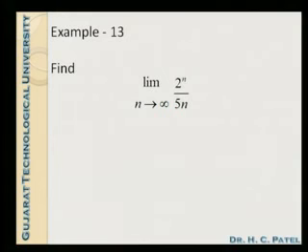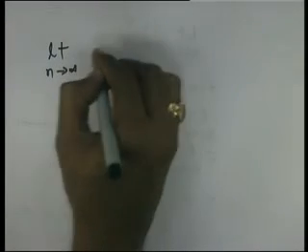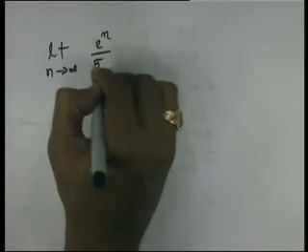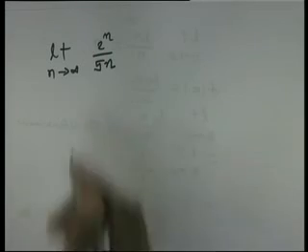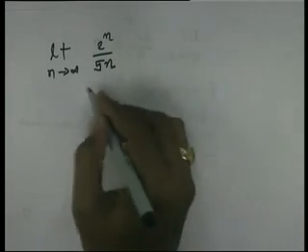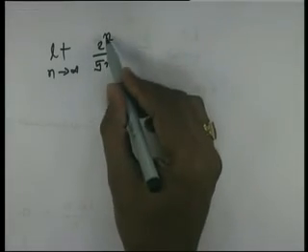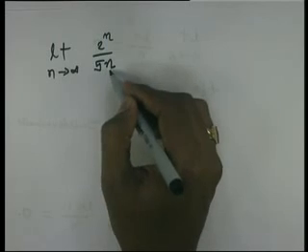Okay, let us see one more example. Limit n tends to infinity of 2 raised to n upon 5n. Now, without taking into consideration those functions, apply the limit directly. We can see that the numerator is 2 raised to infinity and the denominator is also infinity.